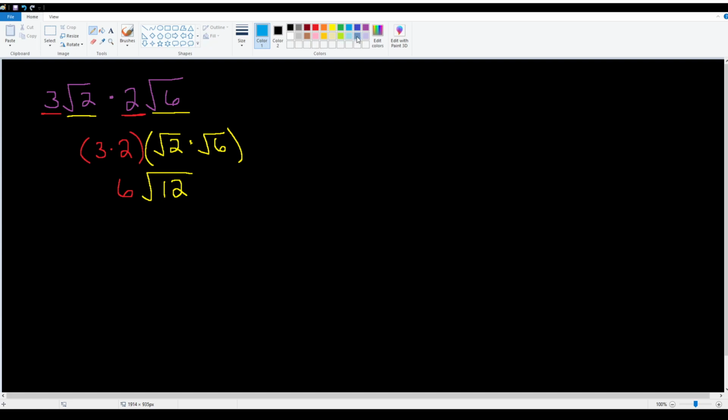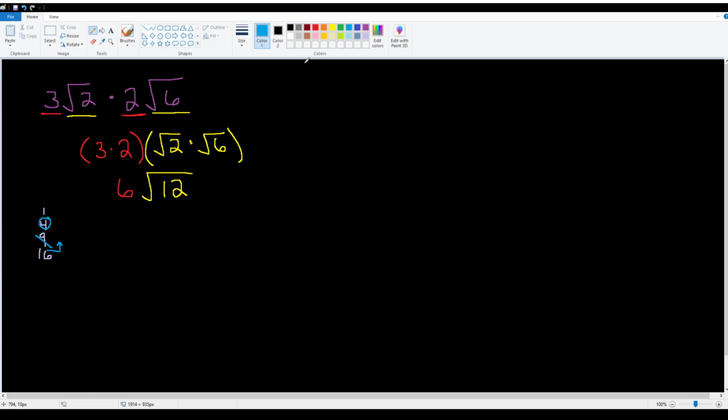So I'm going to take the square root of 12. I'm going to write out all of my perfect squares from 12 on, and say which one of these is the greatest perfect square of 12. 9 is not, but 4 is.